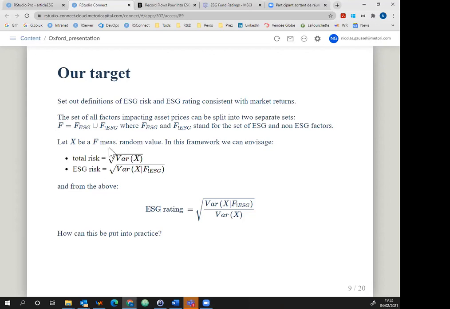The total risk would be, in this situation, the variance or the standard deviation, just to see what we can say with that simple measure. And the ESG risk would be the residual risk of a position when you know everything but the ESG factors. It's a kind of projection on the ESG factors. And we could try to define ESG rating as a ratio between both.